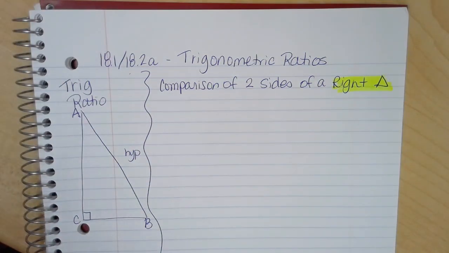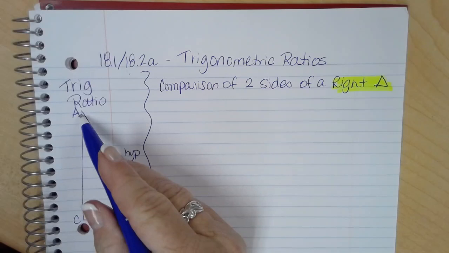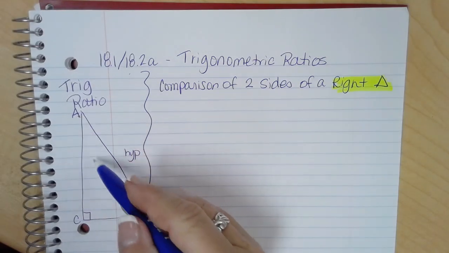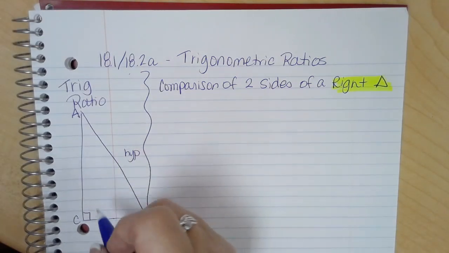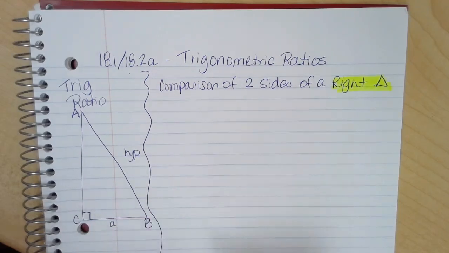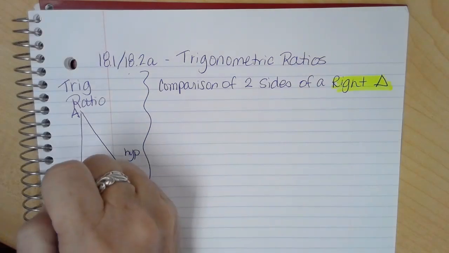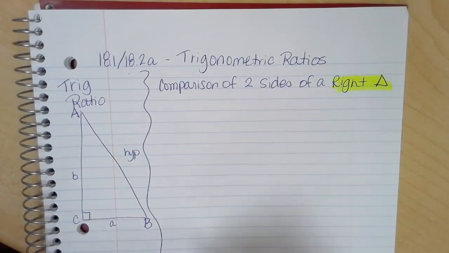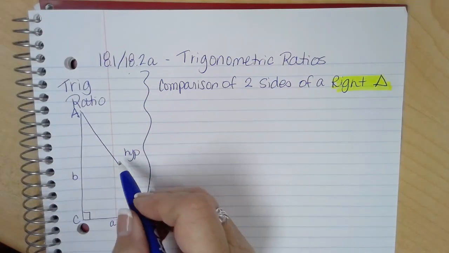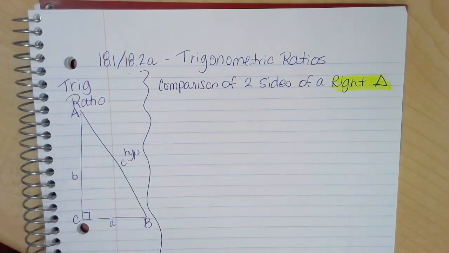Then for labeling the sides, across from angle big A, which is opposite, is little a. Across from big B is little b. Across from big C is little c. So we're going to start out just by labeling our sides.